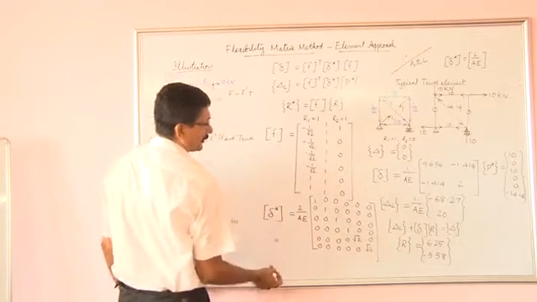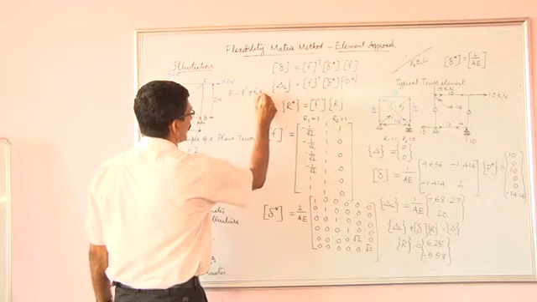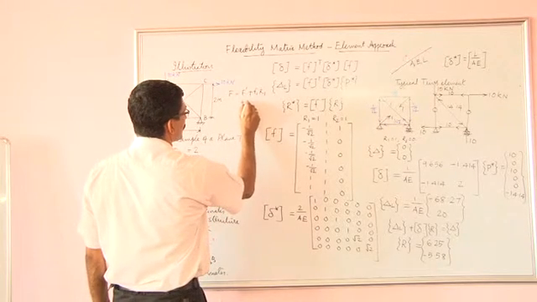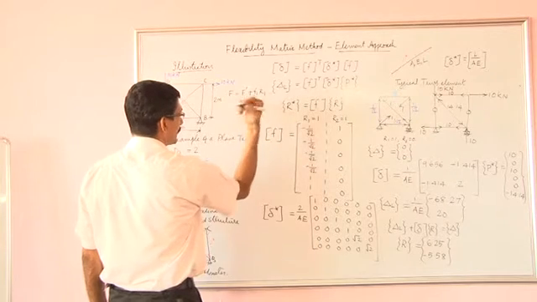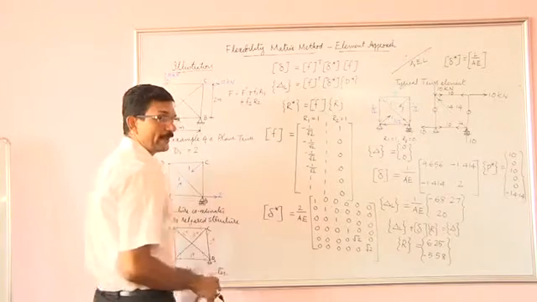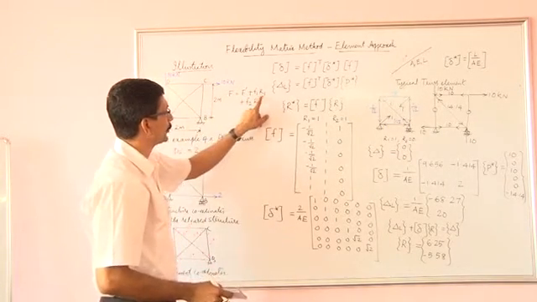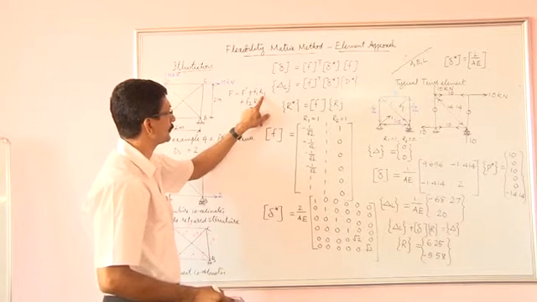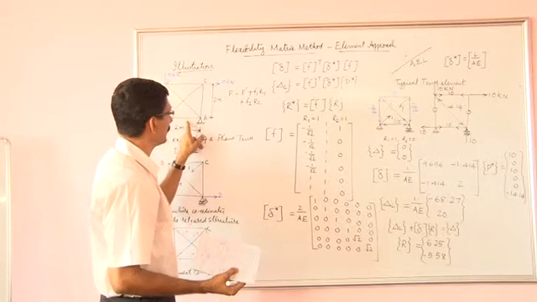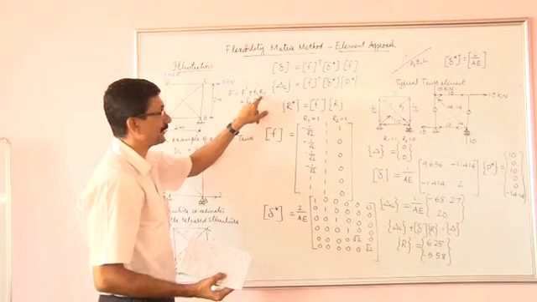from, say, capital R1, let us define that as small f1 into capital R1, plus the contribution from capital R2, which is defined as in the previous lectures, small f2 into capital R2, where small f1 is the force in a particular member due to a unit force applied along R1 when R2 is equal to 0, and small f2 is the force in a particular member due to a unit point force along R2 when R1 is equal to 0.